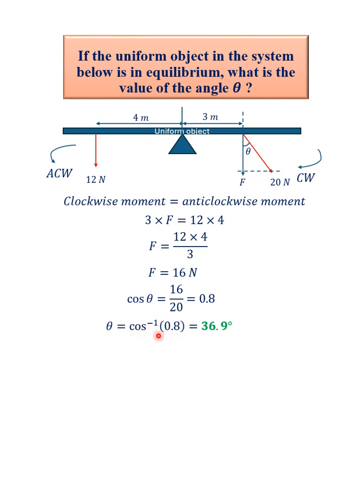If you put this value into your calculator, you obtain 36.9 degrees. Therefore, the angle theta for which this uniform object must be in equilibrium under the action of a 12 Newton and the 20 Newton force must be equal to 36.9 degrees.